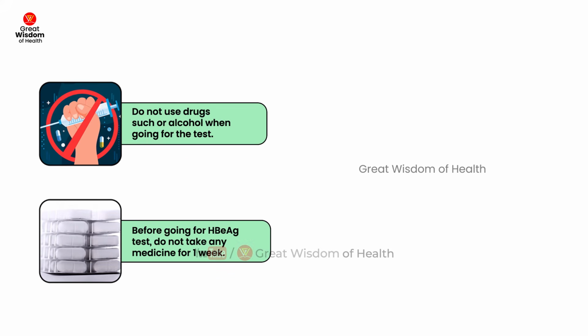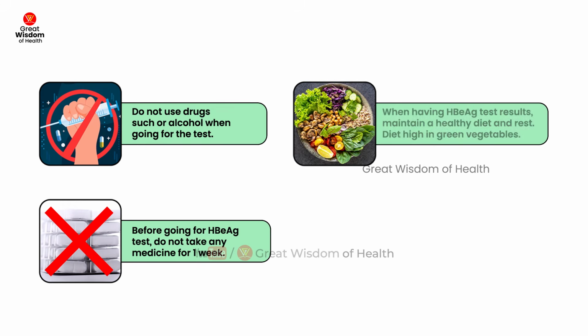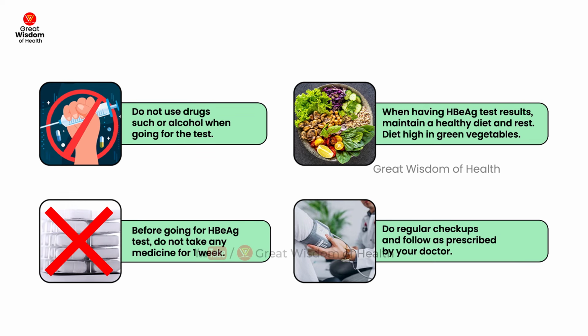Before taking the HBeAg test, you should not take any medicine for 1 week. When awaiting HBeAg test results, you need to maintain a scientific diet and rest. Eat a diet high in green vegetables. Avoid drinking alcohol. Do regular health checkups and follow the instructions and treatment as prescribed by your doctor.